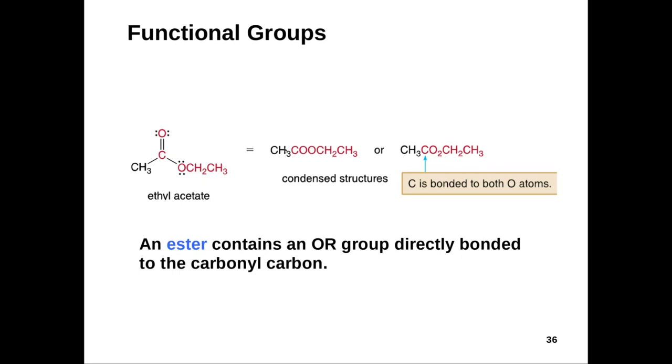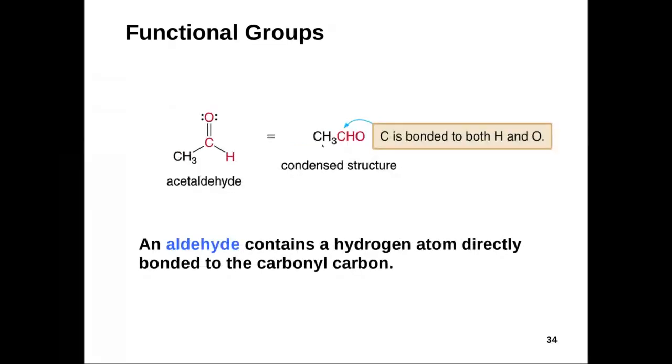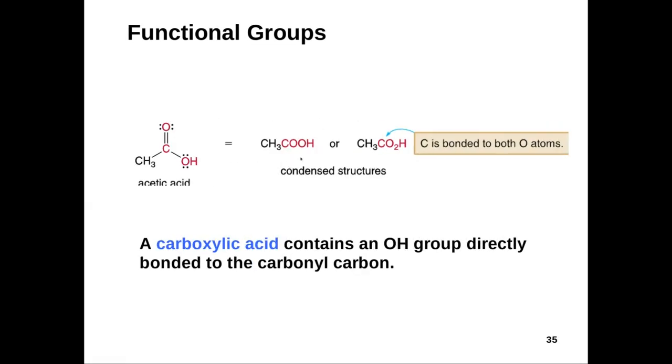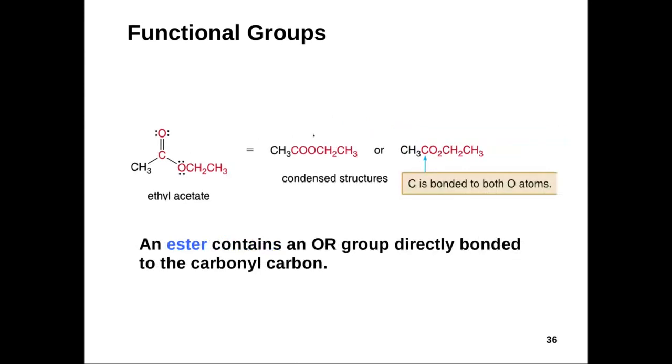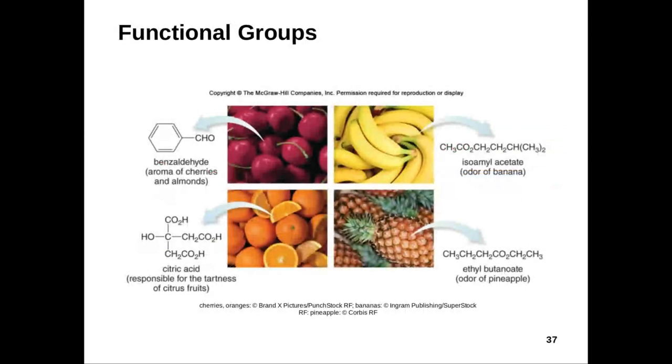In condensed structures, we commonly see COO, but as opposed to what we had with COOH, we have another piece of the hydrocarbon on the other side. We can simplify that even more by taking COO as CO2. Remember, these are all functionally equivalent. Condensed structures are a bit easier to write out.